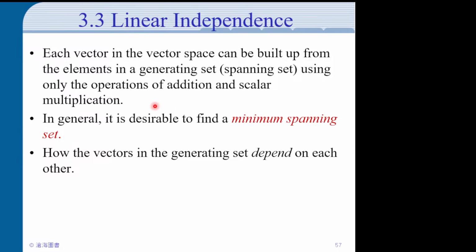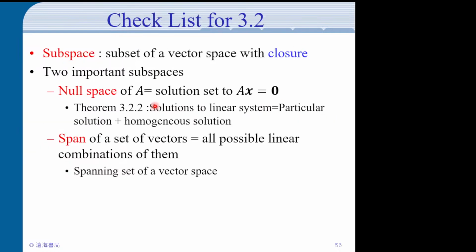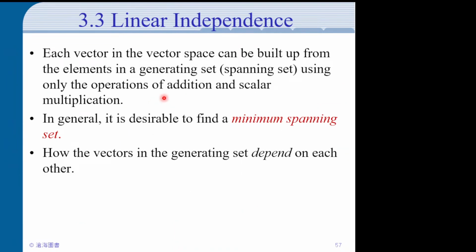Span is built from a lot of vectors, usually v1 to vn. But we want to keep our writing as little as possible, so we want to find a minimal spanning set. So maybe we don't need all of v1 to vn, maybe we only need v1, v2, up to vn minus 2.